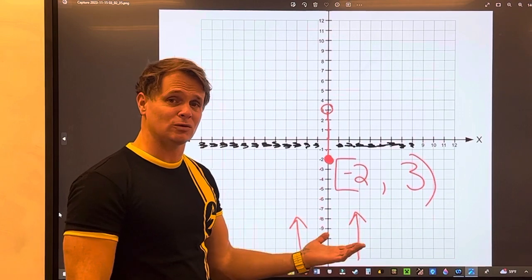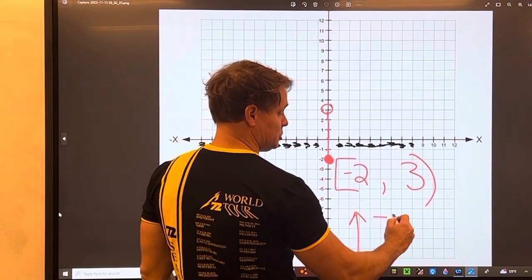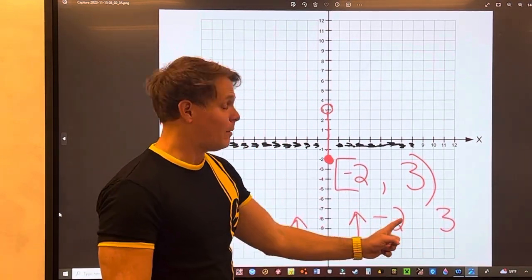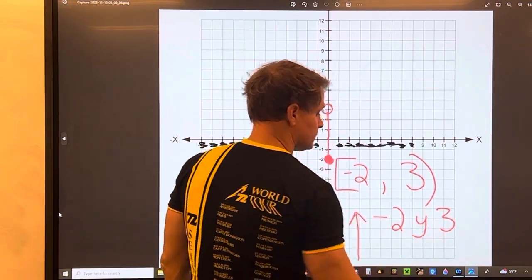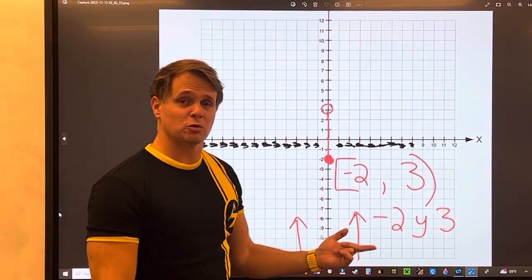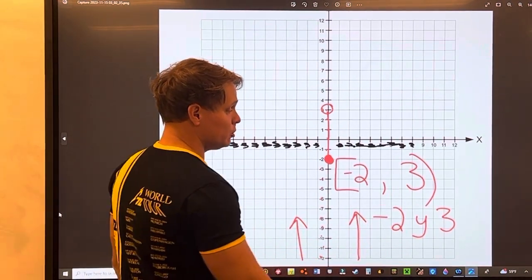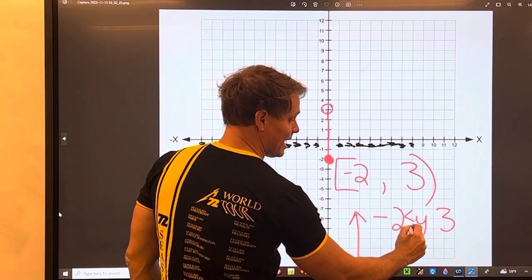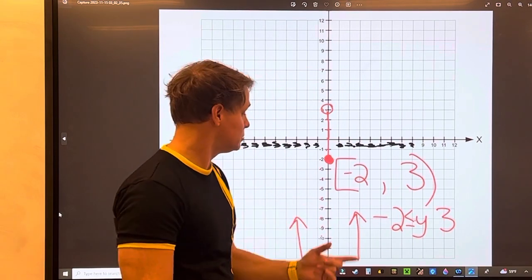Now my set notation, I'm basically going to do the same thing. I'm going to write the number -2 and 3, but in the middle, I'm going to put the variable y. The reason being is because we're using the y-axis. And now I'm going to include, since it's a closed circle, y is greater than or equal to -2.